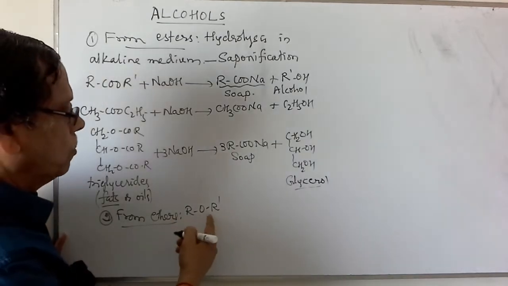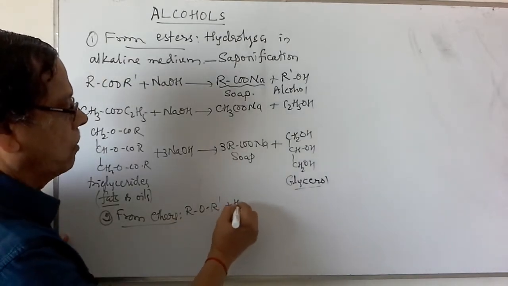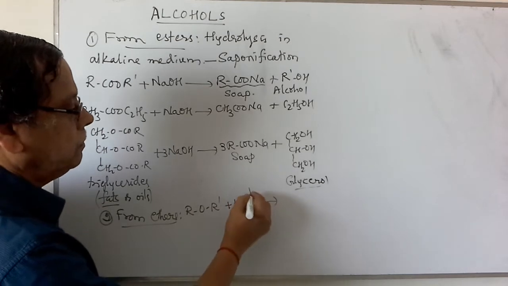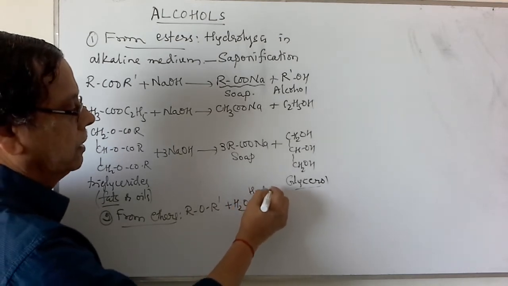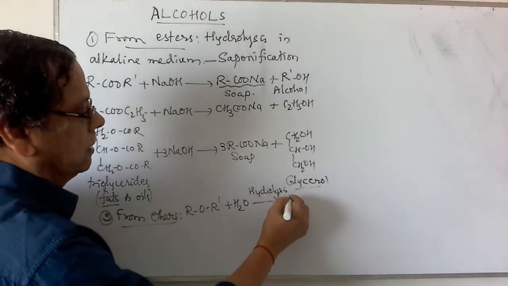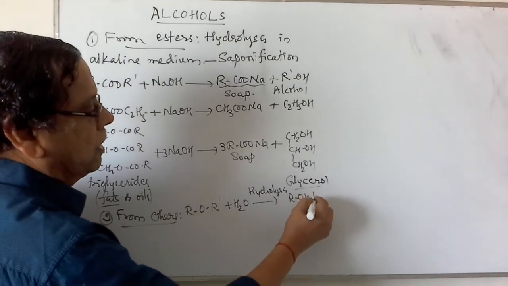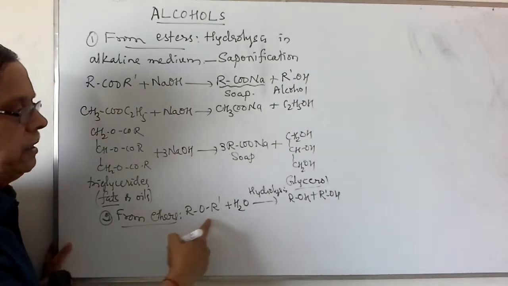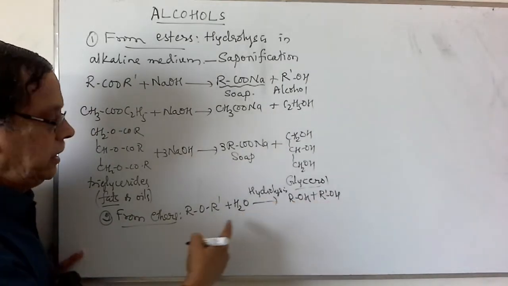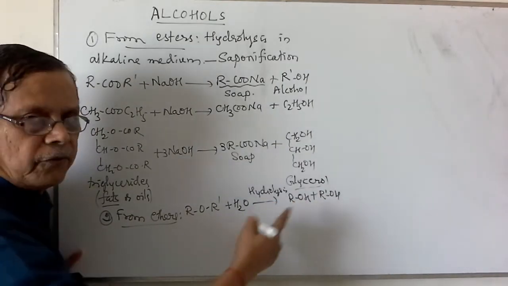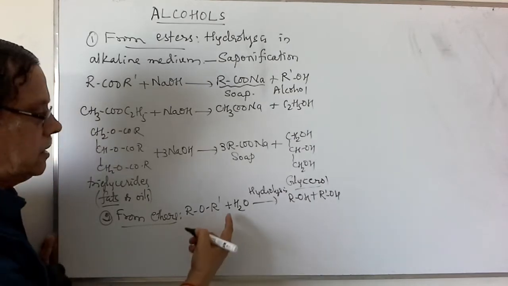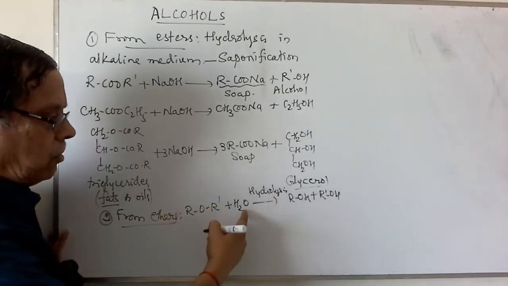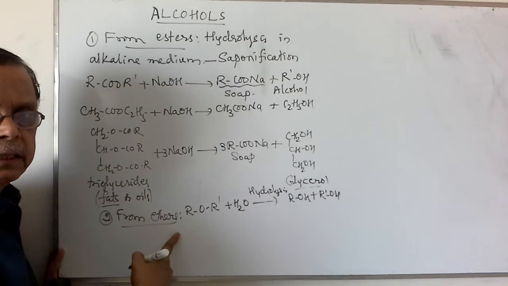So when you take ROR' and subject this to hydrolysis, we get ROH along with R'OH. As I told you, if it is a simple ether, we get only one alcohol. If it is a mixed ether, then we get a mixture of alcohols. So this is by the hydrolysis of an ether.